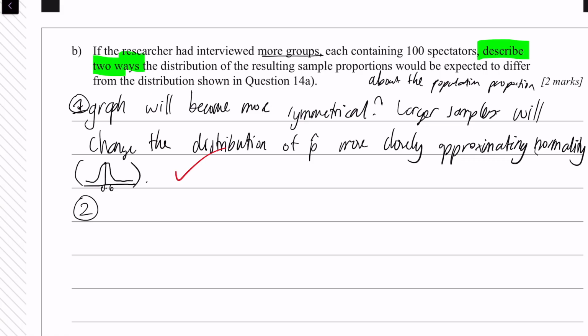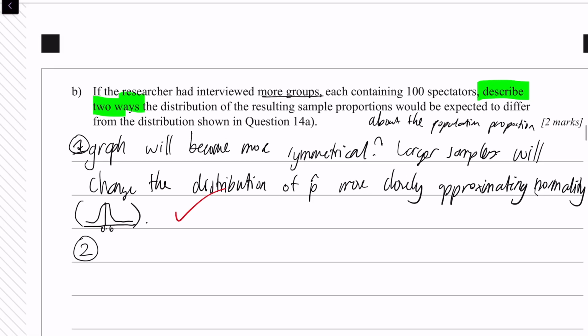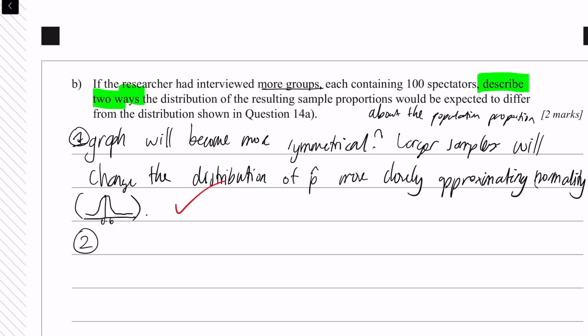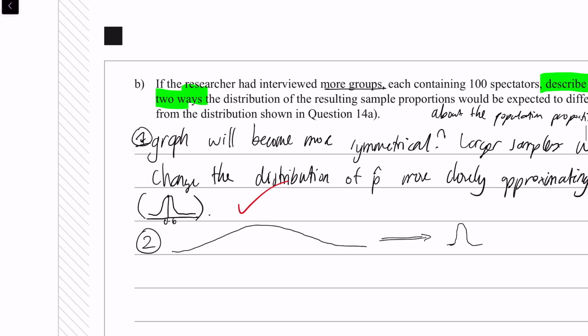A diagrammatical or visual way to explain this is that we are changing our graph from being very variable, so something like this normal distribution, will actually become more narrow in a way, right? So there's less variability.